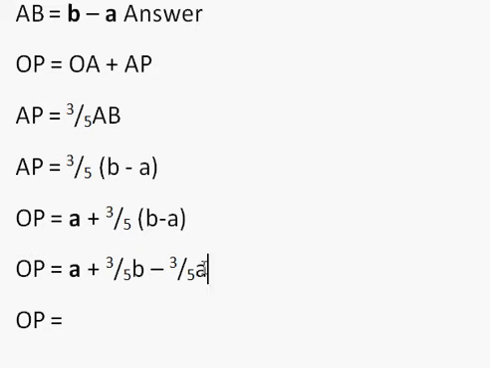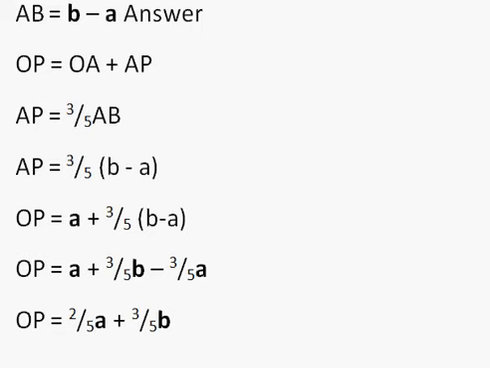Well, a minus 3/5 of a is going to leave me with 2/5 of a, plus 3/5 of b. So now we know that OP equals 2/5 of a plus 3/5 of b.